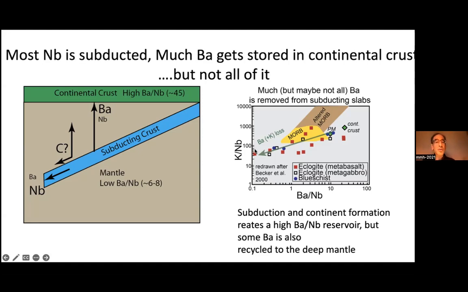We see that during subduction, the barium-niobium ratio of subducted material like eclogites decreases as the barium is removed back into the continental crust by arc processes, and the niobium travels with the subducting crust. And the carbon must travel with the niobium, such that the carbon and barium are separated from one another. Without actually ever looking at an arc volcano, at a subduction zone, we come to the conclusion that carbon must be very effectively returned to the mantle.